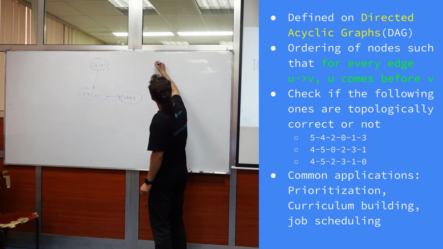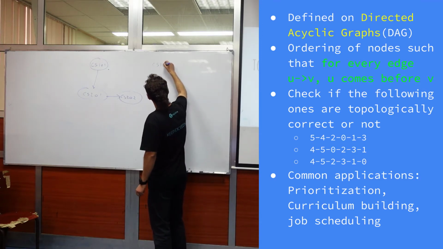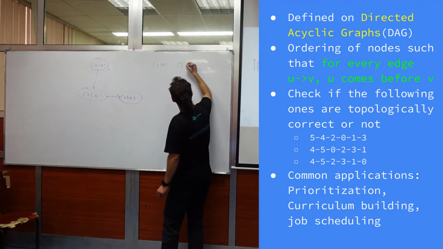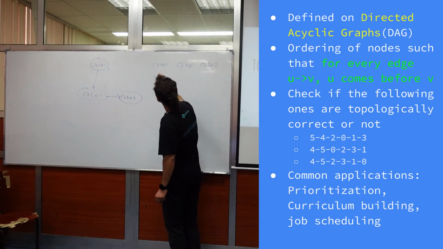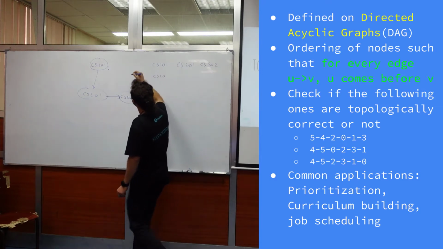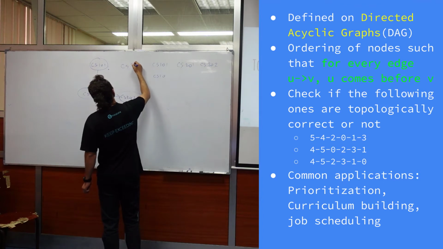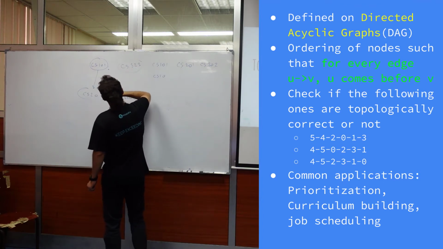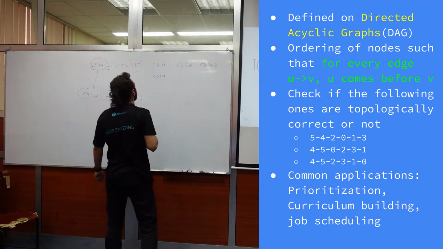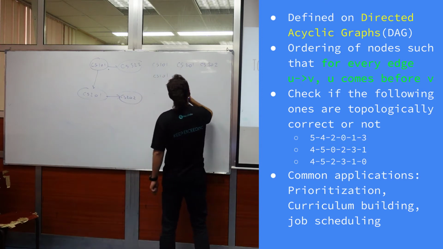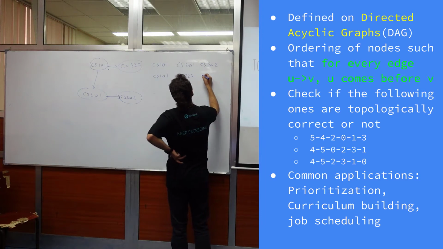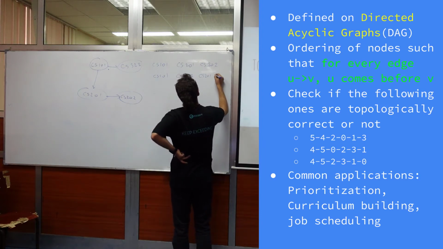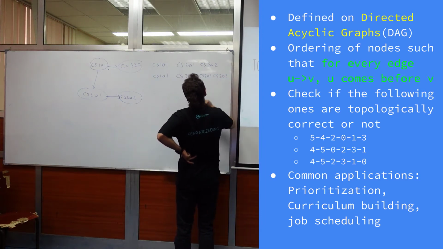We start with CS101, then CS201, then CS202. Then CS101, CS323, which is depending on CS101, then CS201, CS202.